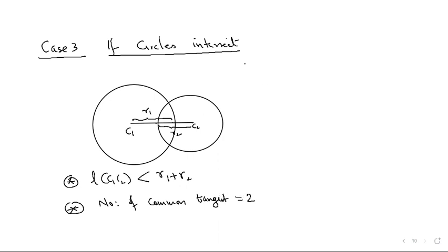I'll draw the common tangents with blue color. One will be like this, and one will be like this. What will be the radical axis here?